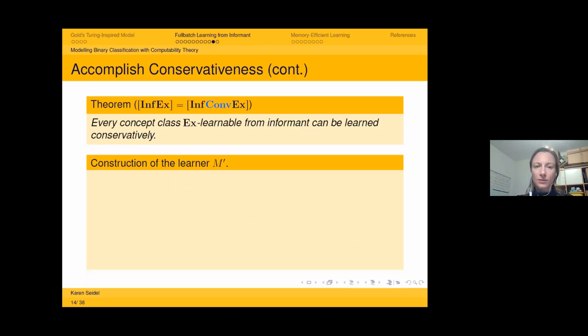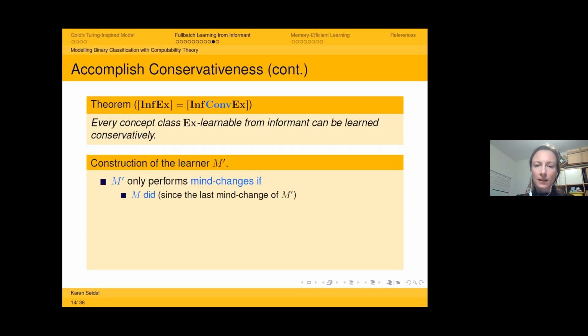Okay, so we are collecting all the ingredients for this proof, namely showing that conservativeness is not restrictive, and now this learning algorithm that we construct from the old one. So we assume we have a learning algorithm M that is successful on the collection of languages, and we want to show that there is another one that learns at least this collection of languages and additionally acts conservatively.